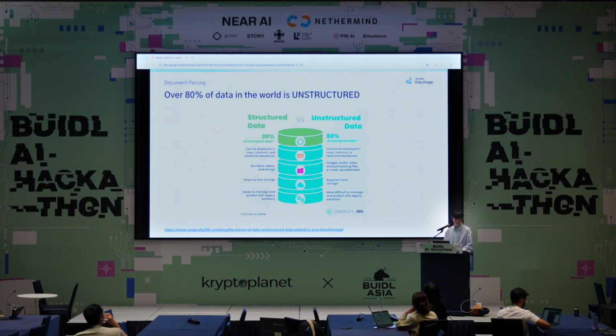So how different are these two types of data? For structured data, it is easy to perform complex searches using SQL. It's also easier to transform it into a structured format that an LLM can understand and process effectively.